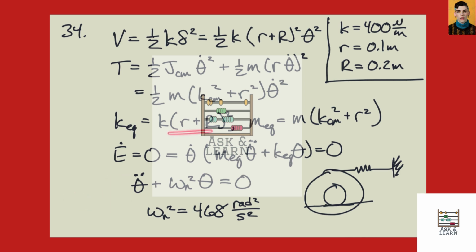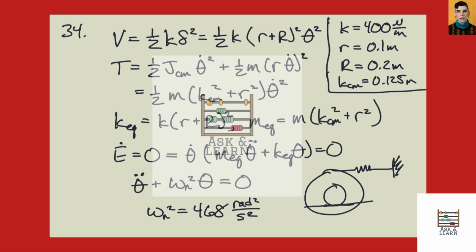We know what these two things are. We have values for all of the terms in this expression, and I forgot to write down what k_cm was. That is 0.125 meters.